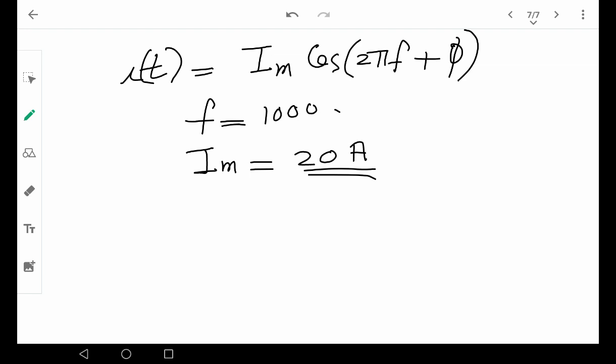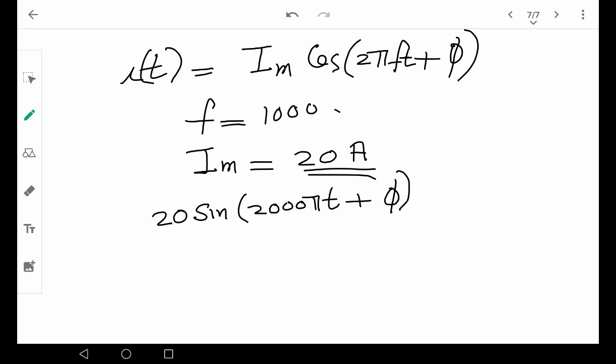So what is actually given to us is 20 sine(2 pi f t), that is 20 sine(2000 pi t plus phi), isn't it?